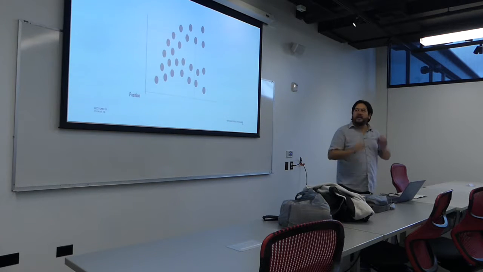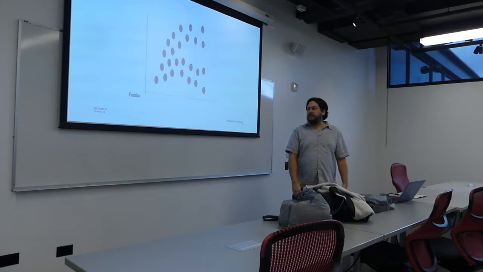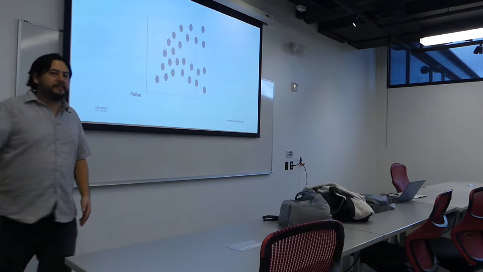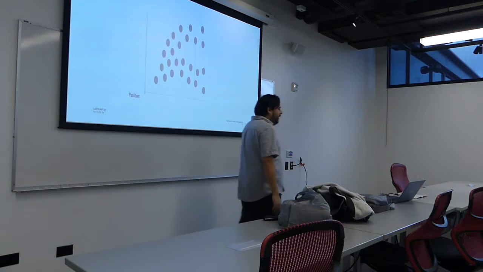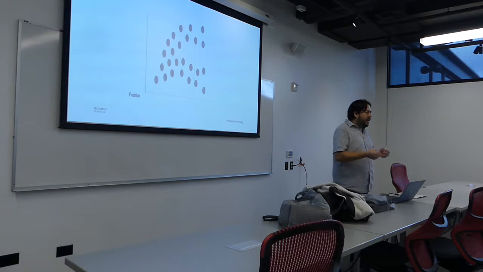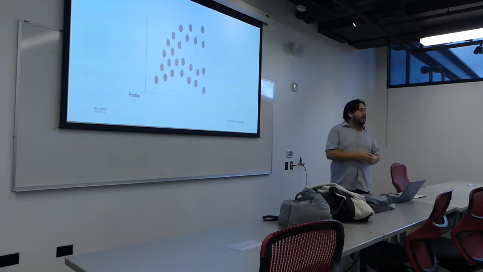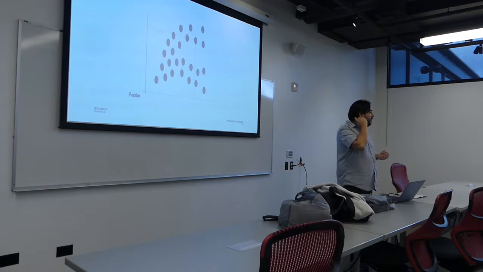So it turns out that there are these things called encoding channels. There are all these encoding channels, ways we can actually represent the data. One of the most powerful ones is position, where you place the representation for each of the data records.